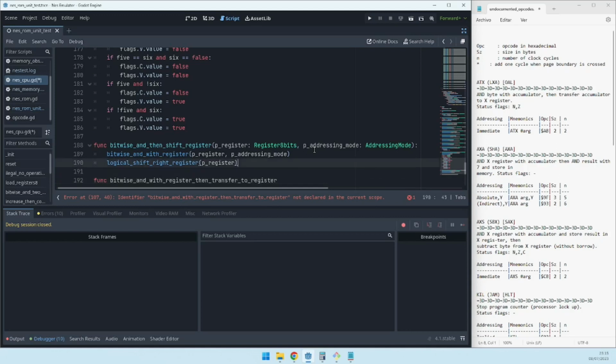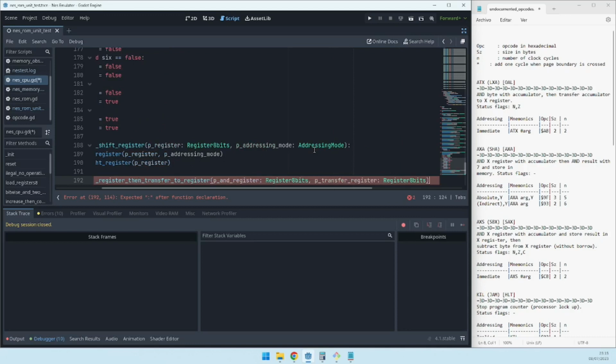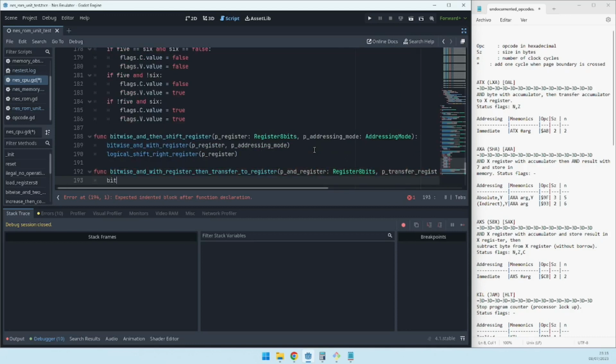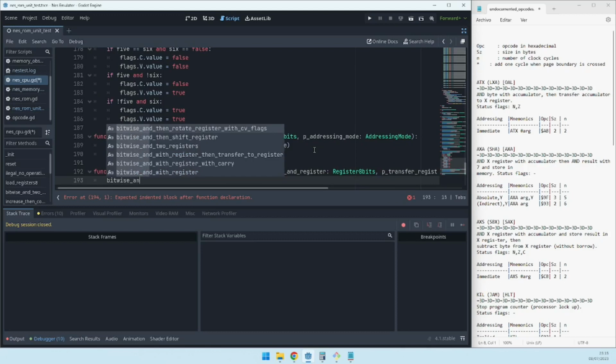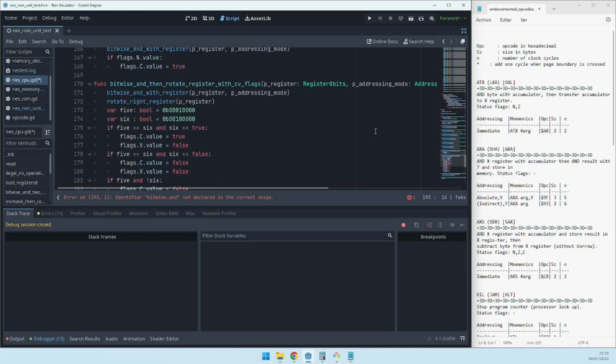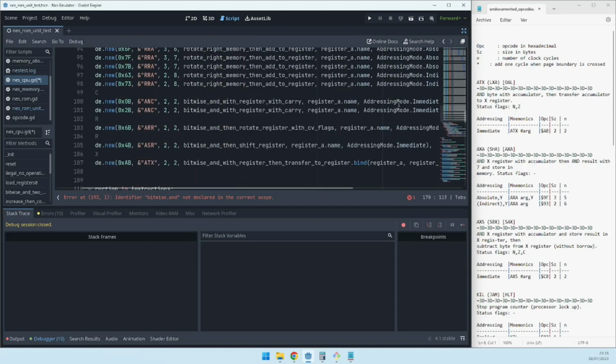Func. So we have the AND register and the transfer register. Bitwise AND, oh sorry, it was immediate actually, not no addressing. I was mistaken.